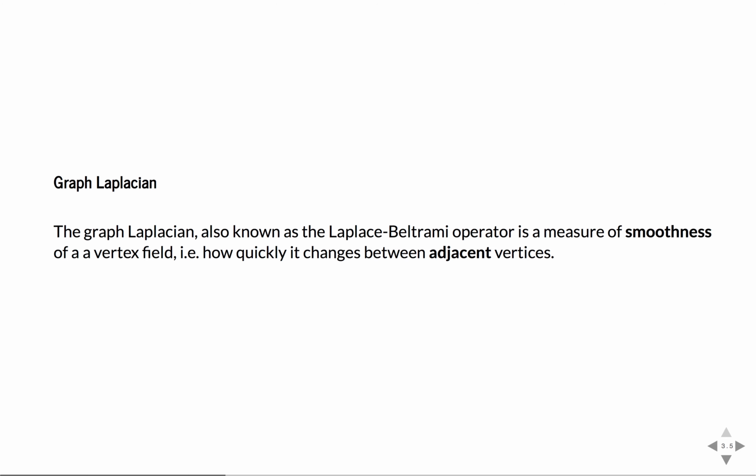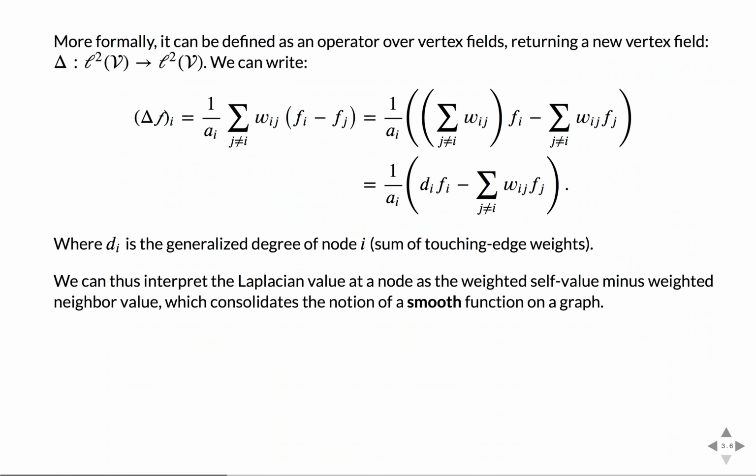So how quickly does it change between adjacent vertices? The way it's defined, I think we saw in the lecture that it was defined using a gradient and a graph divergence. So this was the result, and what you can see is it's kind of a weighted difference between the value of a specific node and the values of nodes around it. That's what you see here.